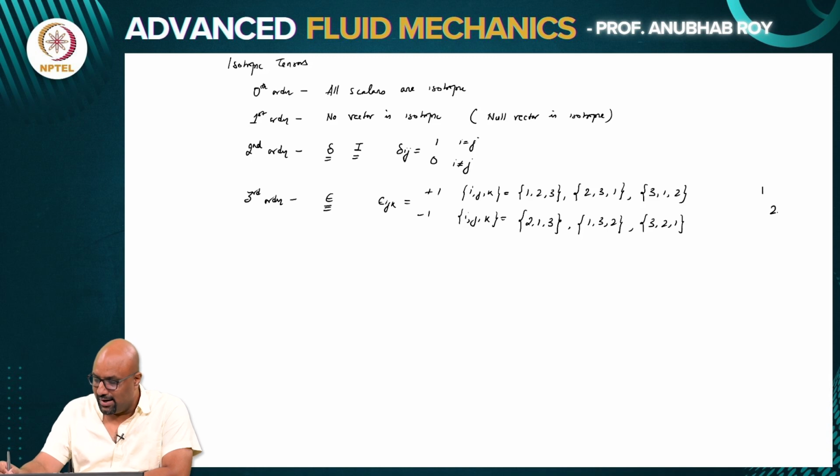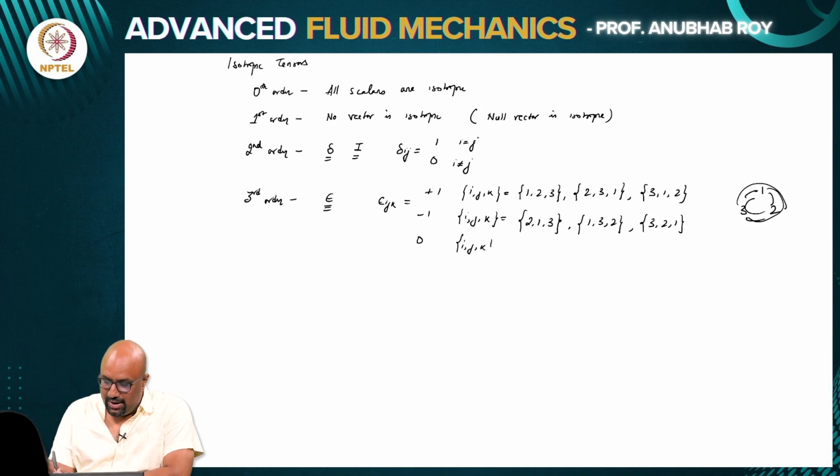So, cyclic and anticyclic is to say that this combination is your cyclic combination. So, you choose 1, 2, 3 or you choose 2, 3, 1 or you choose 3, 1, 2. They are basically in the same order, which is why they take values of +1 or -1 depending on whether you move along the cyclic order or you move along the anticyclic order. And they take a value of 0 if the indices were repeated.